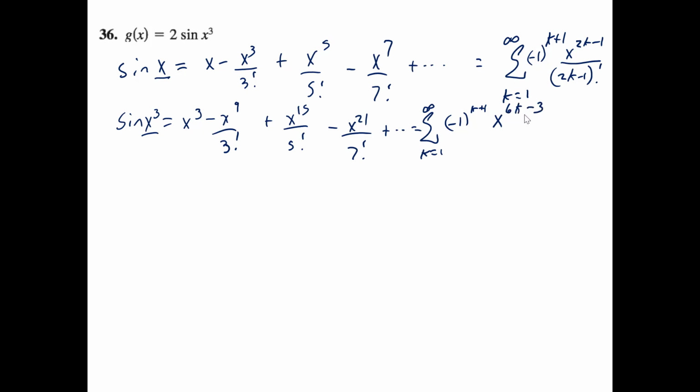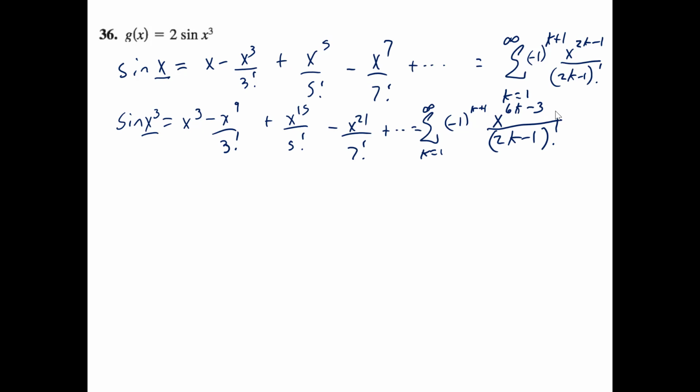You multiply the exponents, and 3 times 2k minus 1 is 6k minus 3. And then on the bottom, that didn't change at all. It's still 2k minus 1 factorial.